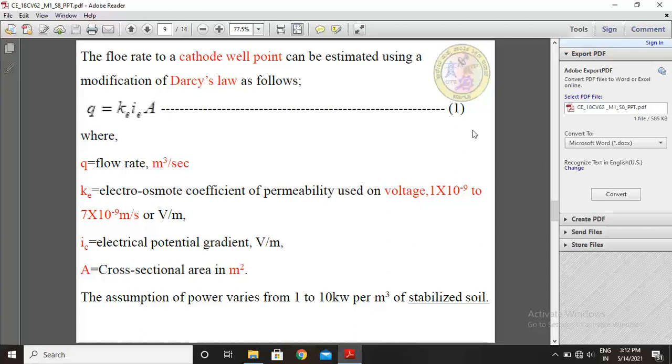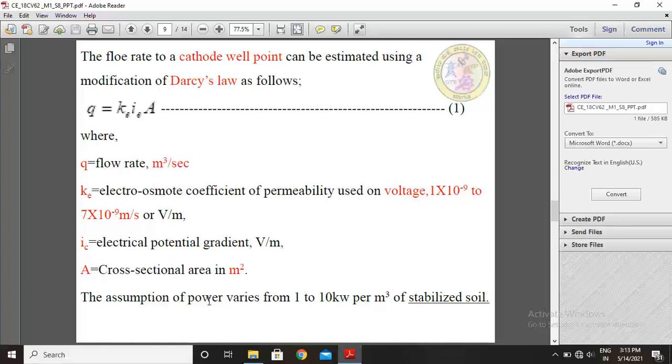This is given as equation 1 for reference, where Q is the flow of water, that is flow rate in cubic meter per second. k_e is the electro-osmotic coefficient of permeability, with values of 1 into 10 raised to minus 9 to 7 into 10 raised to minus 9 meter per second. i_e is the electrical potential gradient, in volt per meter, and A is the cross sectional area in meter square.